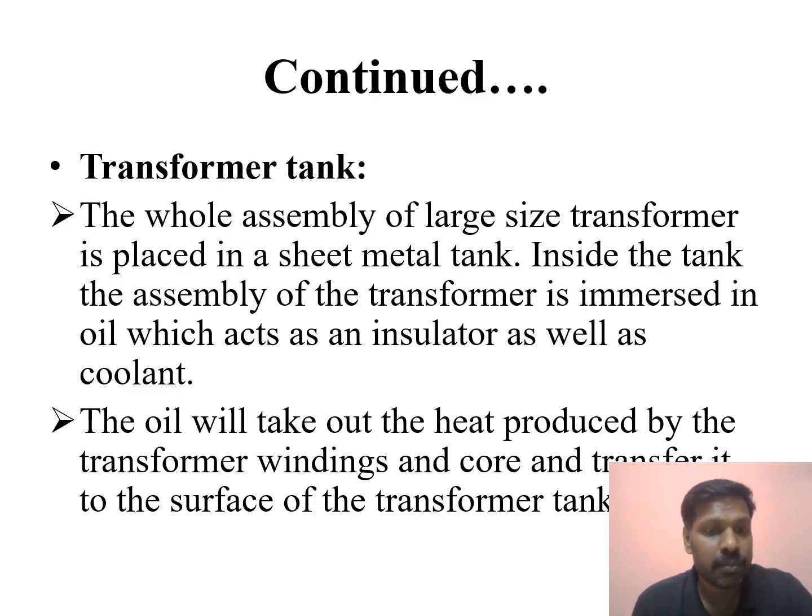In larger transformers, the entire core and winding assembly is immersed in insulating oil inside the steel tank. The oil acts both as an electrical insulator and as a coolant, carrying away heat from the winding and the core and transferring it to the tank, from where it is dissipated to the surrounding air.